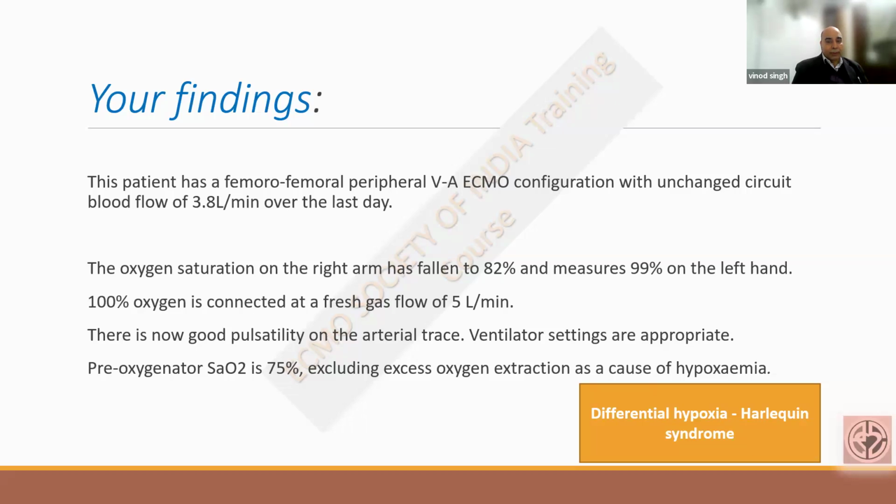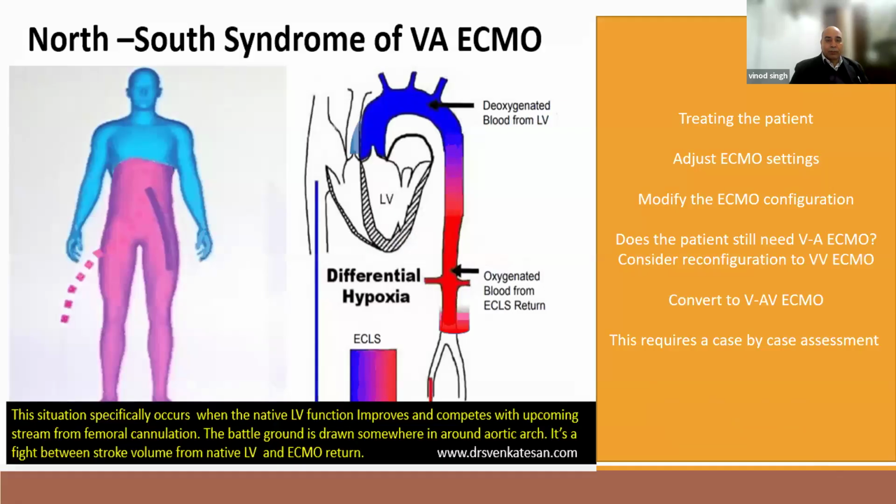So if this is the situation where you find a saturation difference between the right and left arm, and between the upper and lower part of the body, this is called Harlequin syndrome, or differential hypoxia. Try to understand how it happens. Suppose you have put the patient on ECMO for cardiac dysfunction, cardiogenic shock.